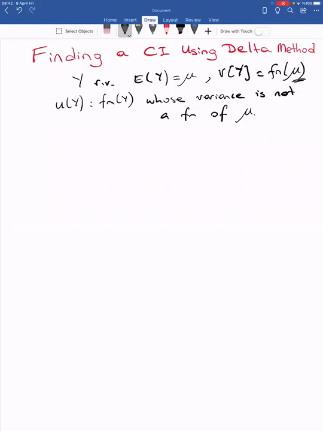This u(y) can be any function, linear or non-linear. Any function u(y) can be approximated by a Taylor series expansion. We know that from math.